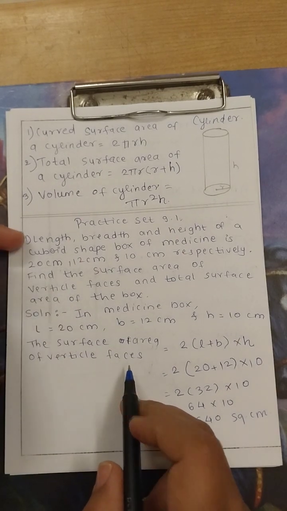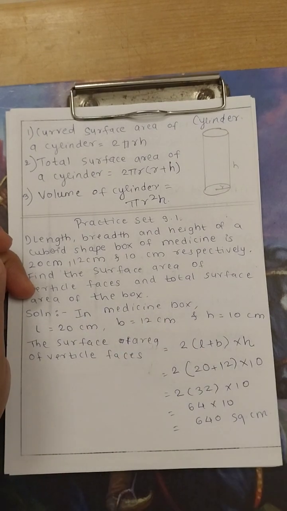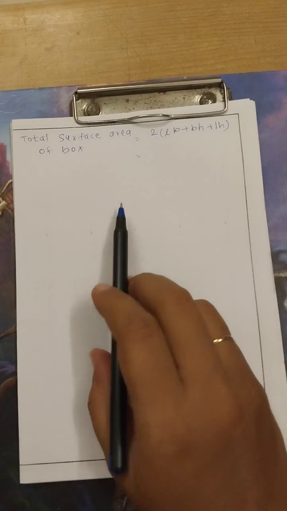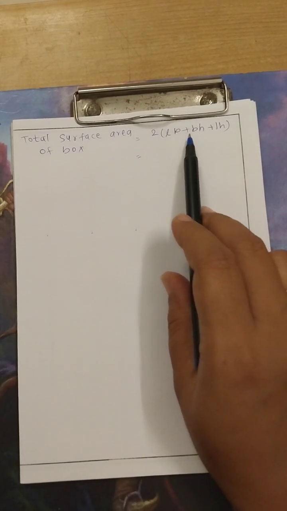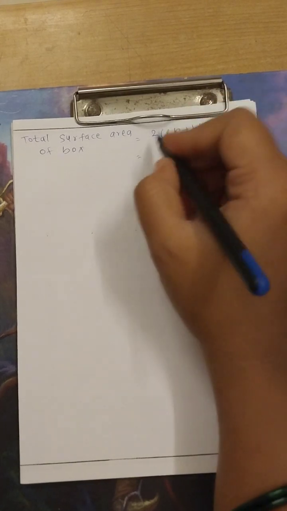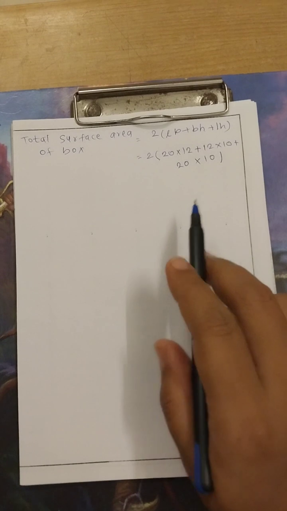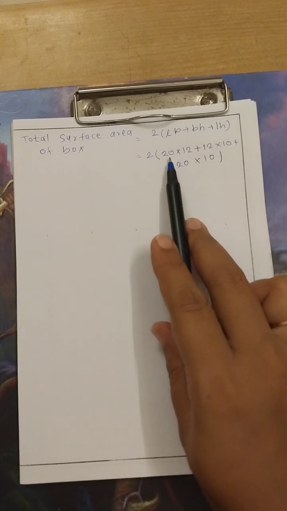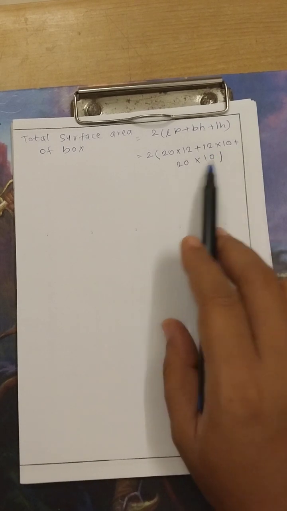Next, they have told us to find the total surface area of the box. 2 into (LB plus BH plus LH). Put the values in the formula. 2 into (20 into 12 plus 12 into 10 plus 20 into 10).